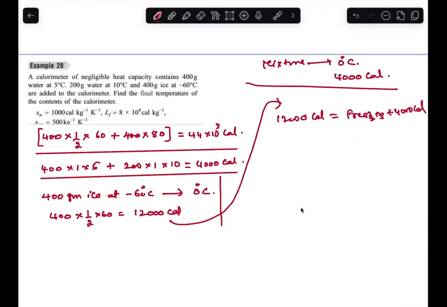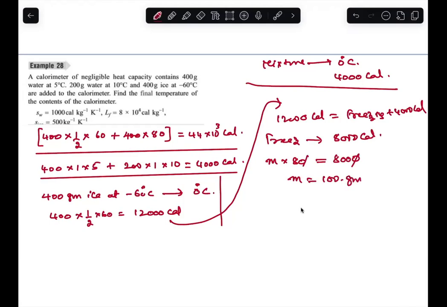So the freezing part gives another 8,000 calories. So m into 80 gives 8,000. The m is 100. Got the point now, 100 grams.